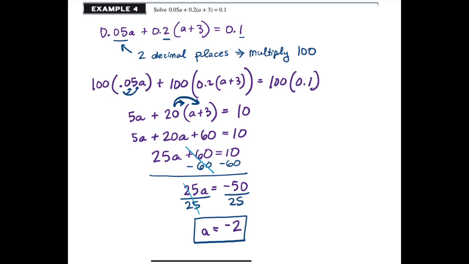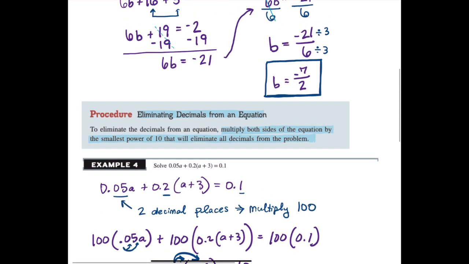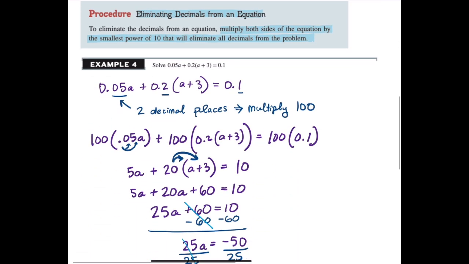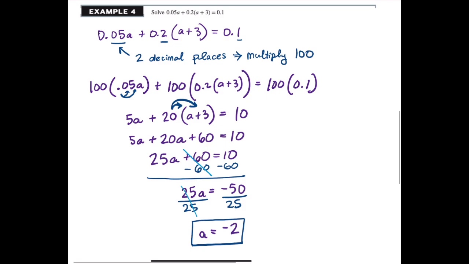All right, so kind of a similar process for each one. If we have fractions, you can multiply everything by the least common denominator and clear out the fractions. If we have decimals, we can multiply by some power of 10, a 1 with a certain number of zeros, and the number of zeros that you choose is based off of the largest number of decimals that you have.